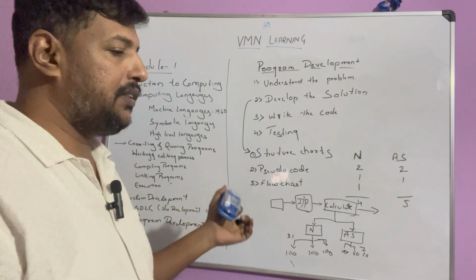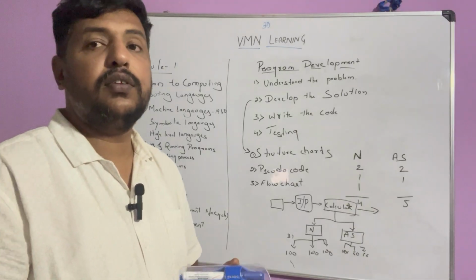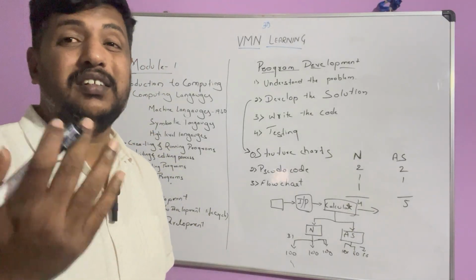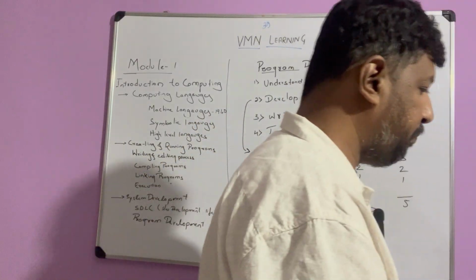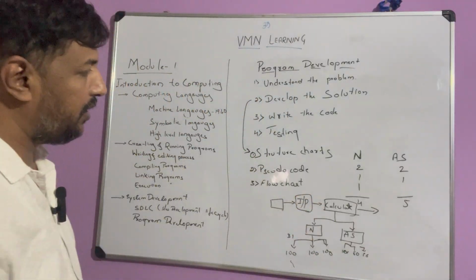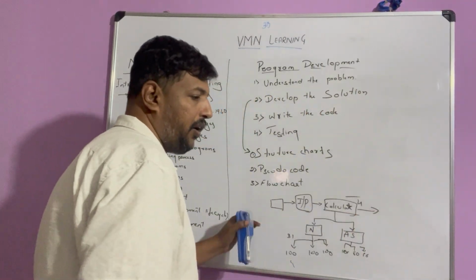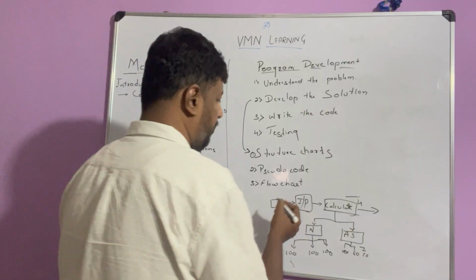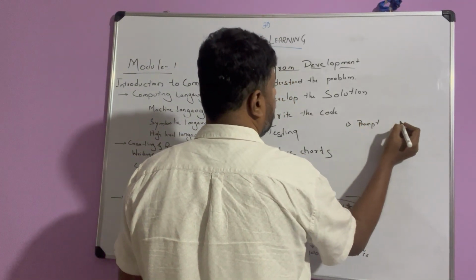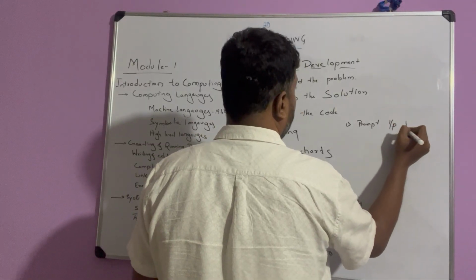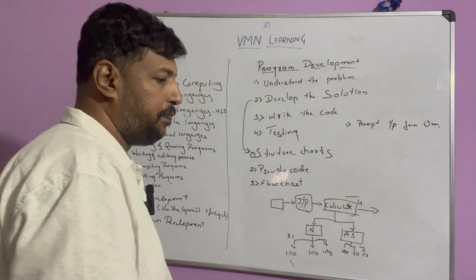The same thing we are now going to write in pseudocode. What is pseudocode? Pseudocode is not actual coding, but a small set of instructions. Let me have this here and write it. What is the first step? Prompt for input from the user. We are getting the input.